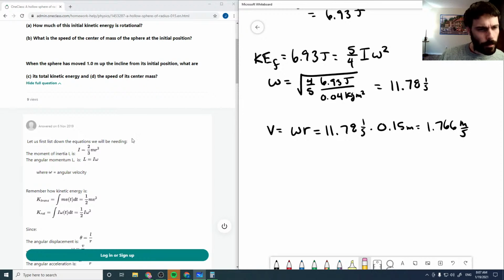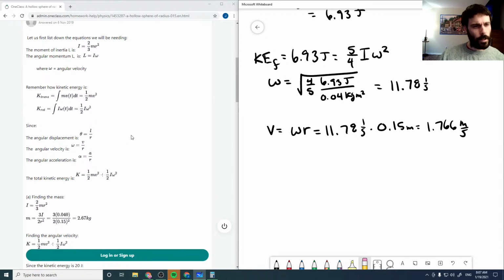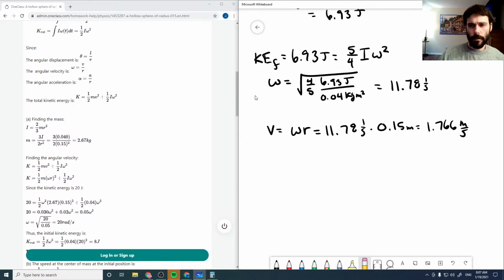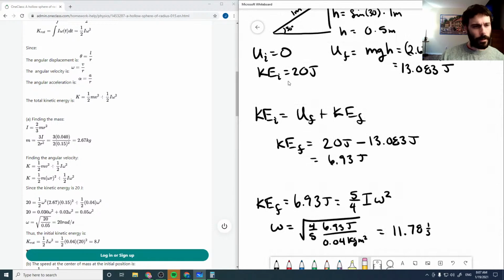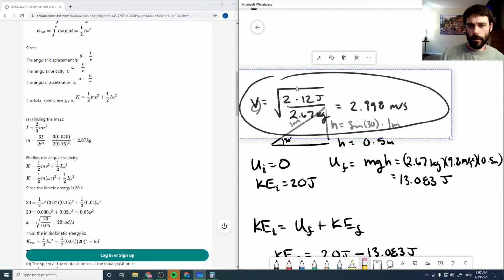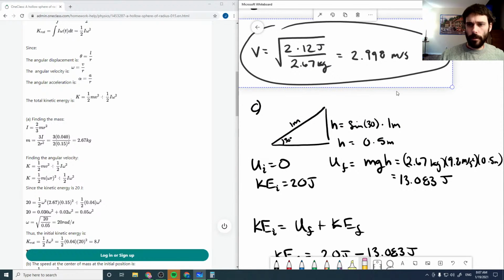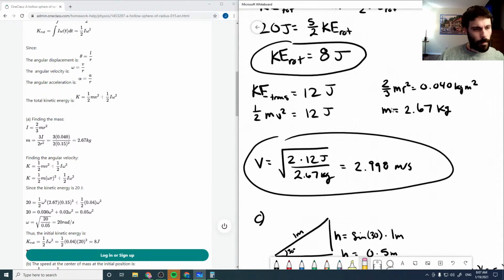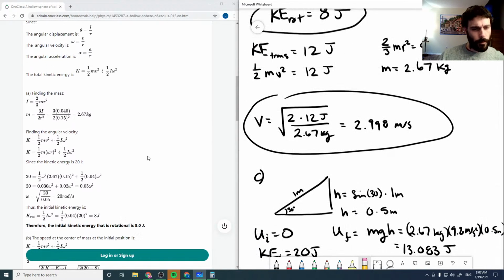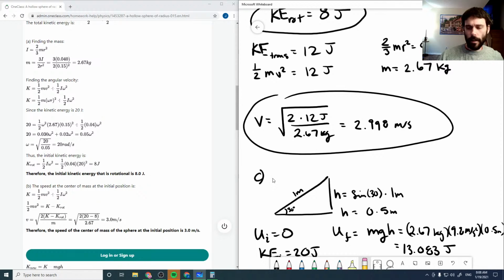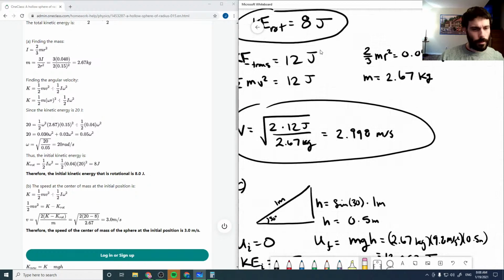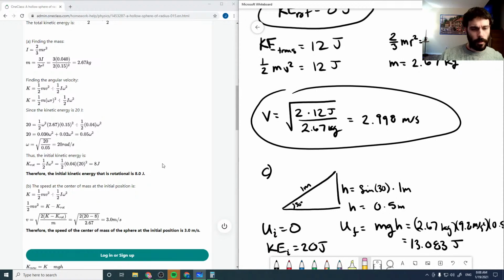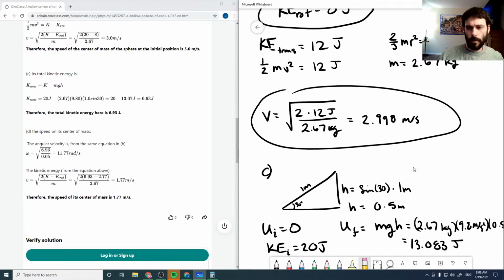Okay, so we need all these pieces. We can get the mass as 2.67. Like I said, we kind of need the moment of inertia to be the 0.04. So there's our mass. The initial kinetic energy that is rotational is 8 joules. So then our initial speed is this 3 meters per second.